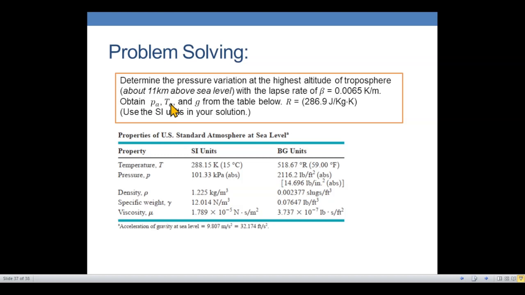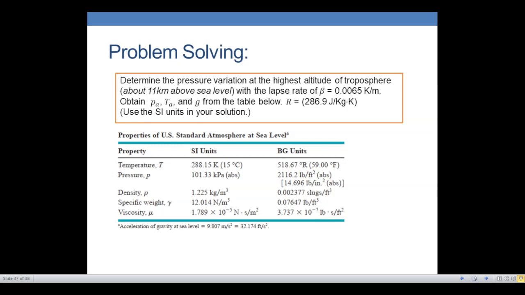And of course, our gas constant is equal to 286.9 joules per kilogram times Kelvin. You have to use the SI units for your solution. Write your solution on a yellow pad or on a bond paper, and then you're going to submit that during our face-to-face schedule.